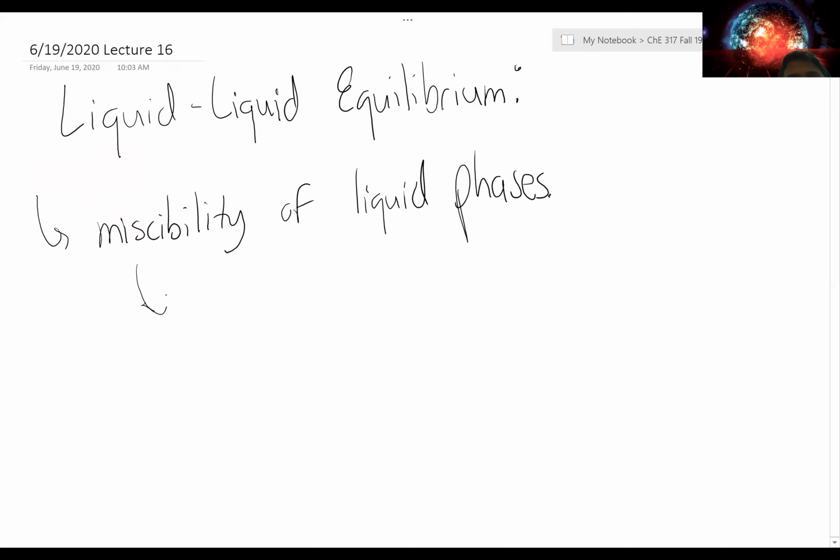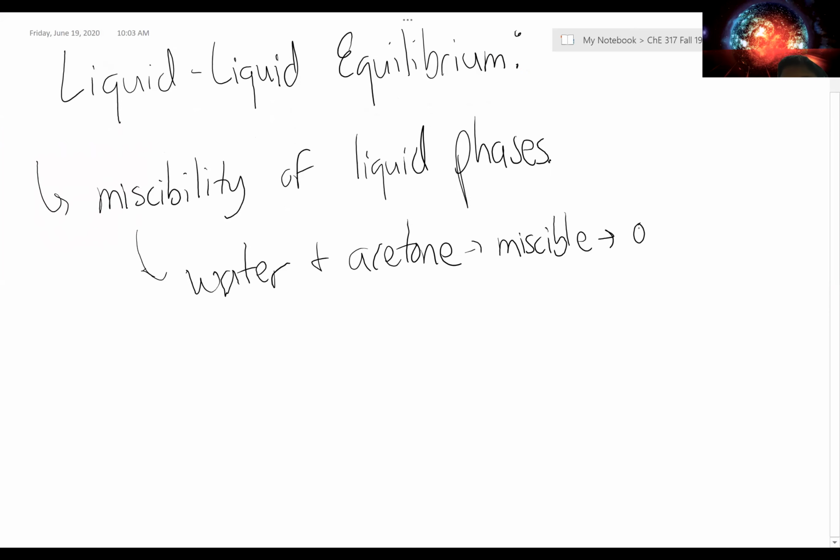And so if we have two liquids, say water and acetone, and they can be considered miscible, then we should expect one phase to form, which is a mixture of our water and acetone components.